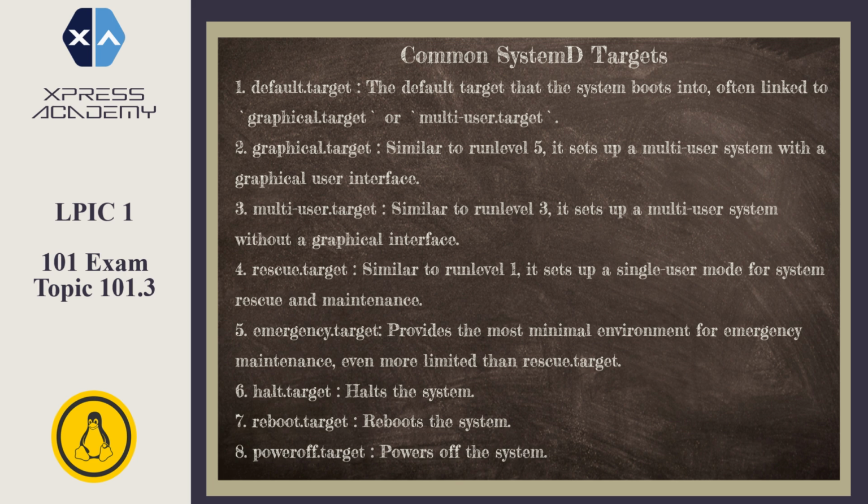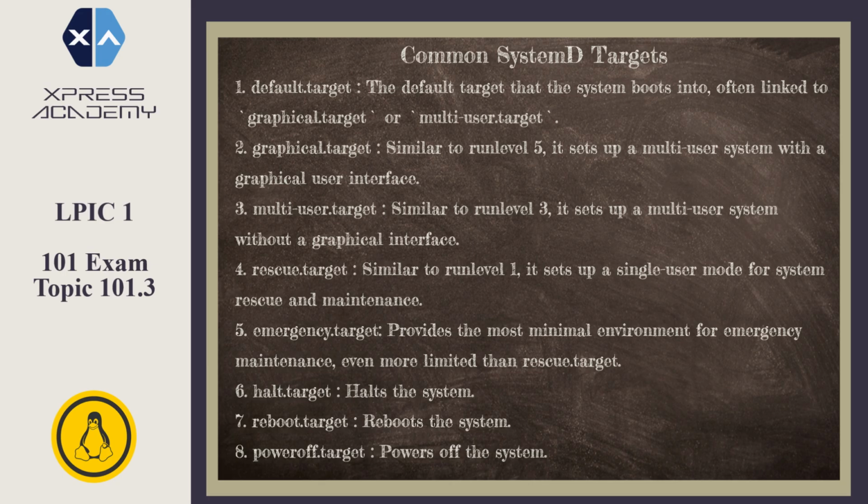Now with SystemD, these run levels are replaced by targets, which offer way more flexibility and control. Instead of just saying multi-user mode, SystemD lets you get more specific, like whether you want that mode with or without graphical support or adding in other services. It also manages dependencies between services, so everything runs in the right order.